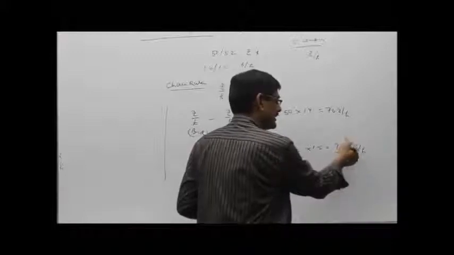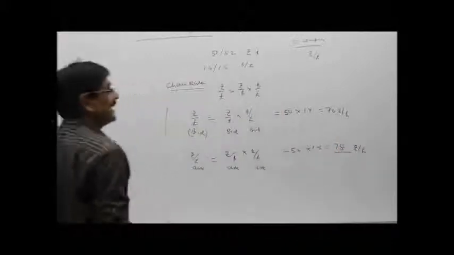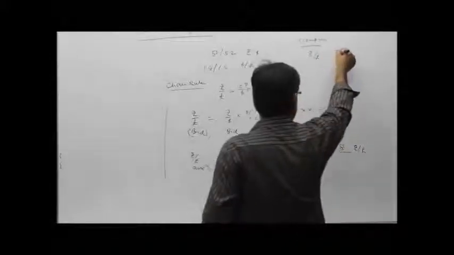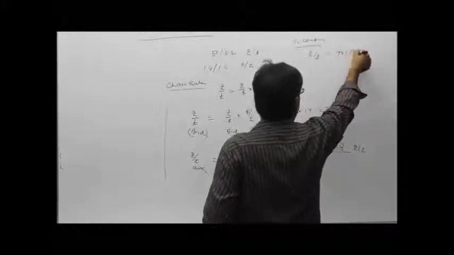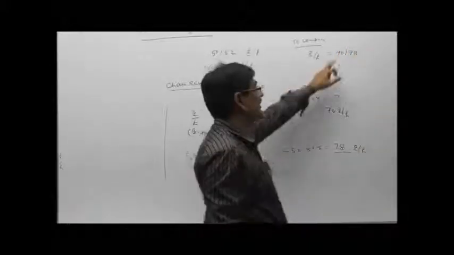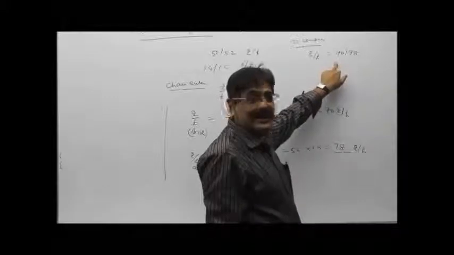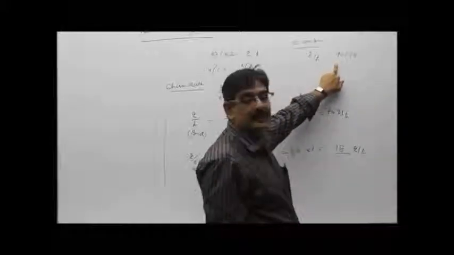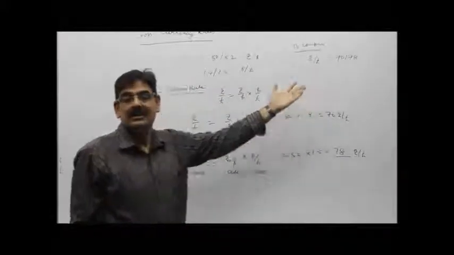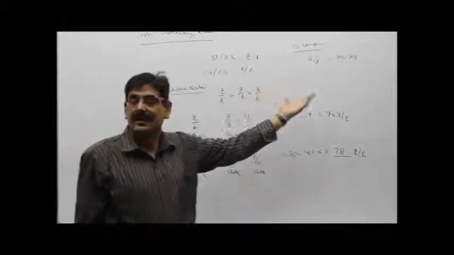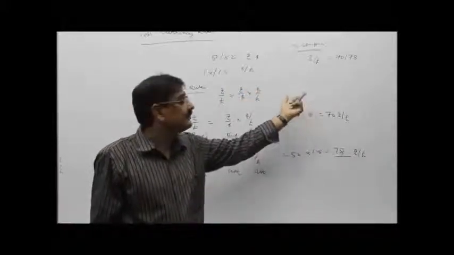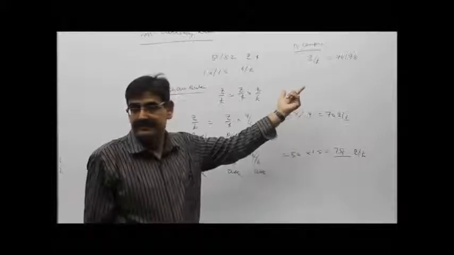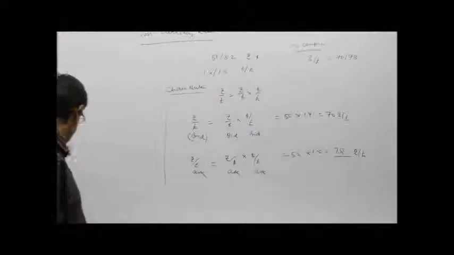You got the correct answer? 78. So we directly say my answer for rupee per pound is 70 and 78. 70 is the bid rate for rupee per pound and 78 is the ask rate for rupee per pound. Doesn't it appear simple for a question of 5-6 marks? A very simple one.